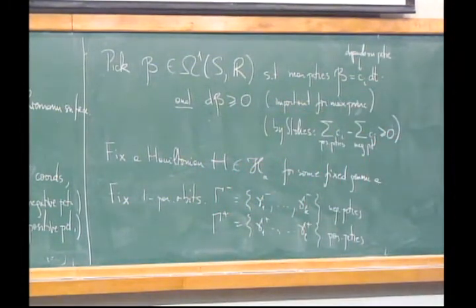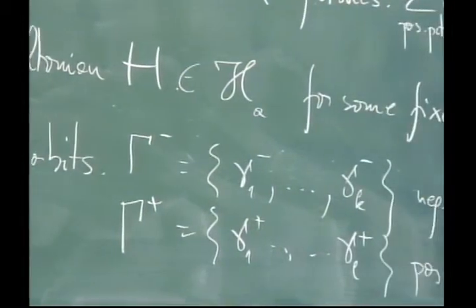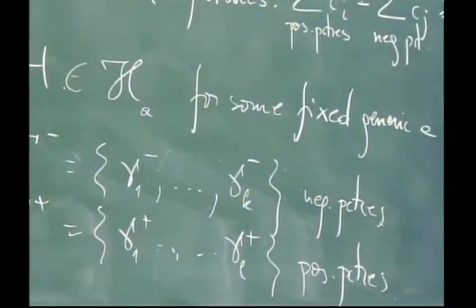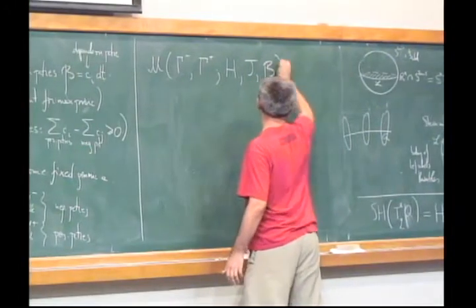So now I have everything I need. I just have to write the equation. I have asymptotes, I have the Hamiltonian, I have this weird beta. Yeah, and I'm going to write, consider this moduli space, gamma plus, gamma minus, and of course it depends on H, J, beta.